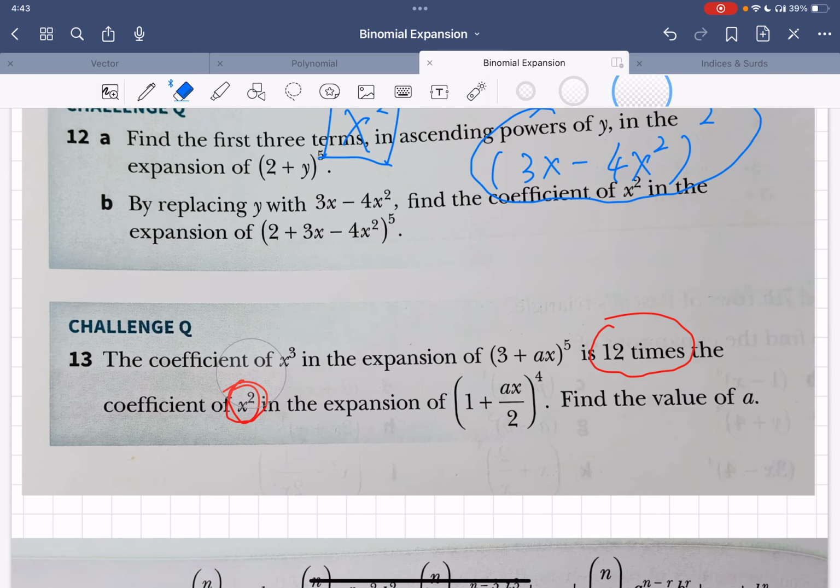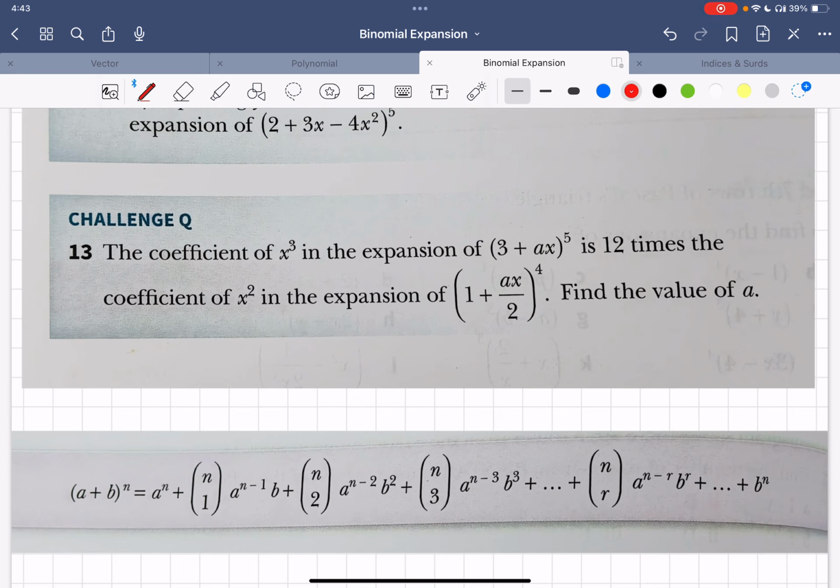Right. Let's do the question together. Let's find the coefficient of x cubed for the first expansion. By using Pascal's triangle, we can easily find that it's 1, 3, 3, 1, right? So what we need to find is this one.